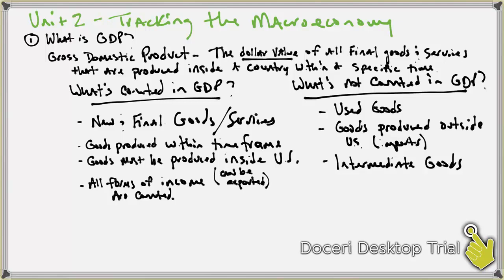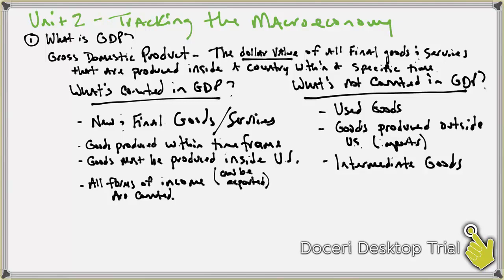And we don't want to count intermediate goods because if we counted intermediate goods and final goods, then we would actually be counting those intermediate goods twice. And that would make our statistic not accurate. So we don't count intermediate, we only count the value of final goods.